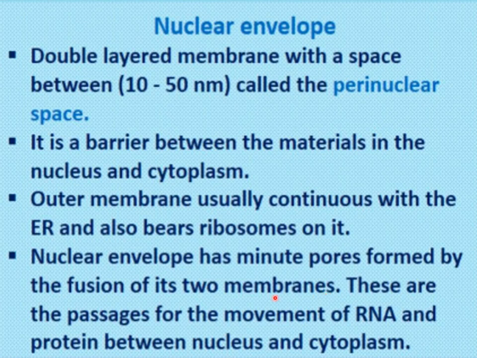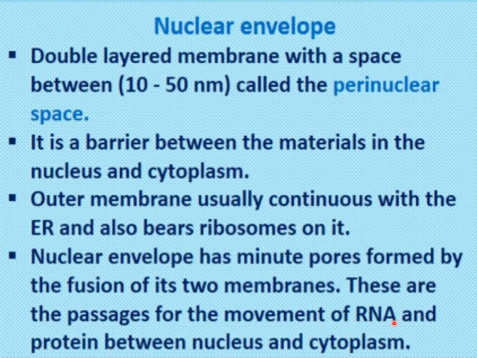These are the passage for the movement of RNA and protein between the nucleus and cytoplasm, because RNA is formed inside the nucleus, and there is need of RNA in the cytoplasm for the formation of protein. That RNA brings the information for the formation of protein, which occurs in the cytoplasm.